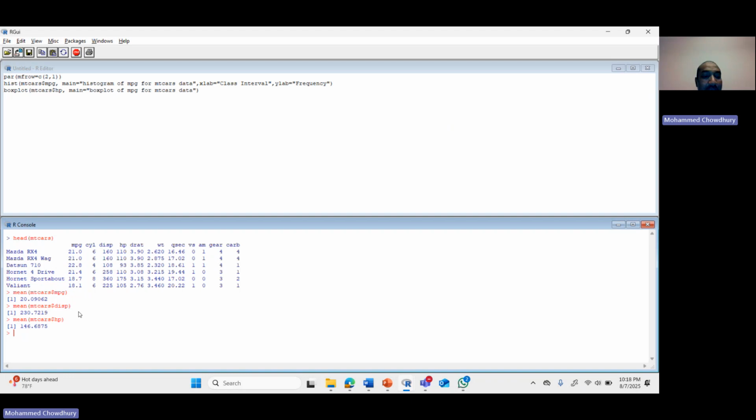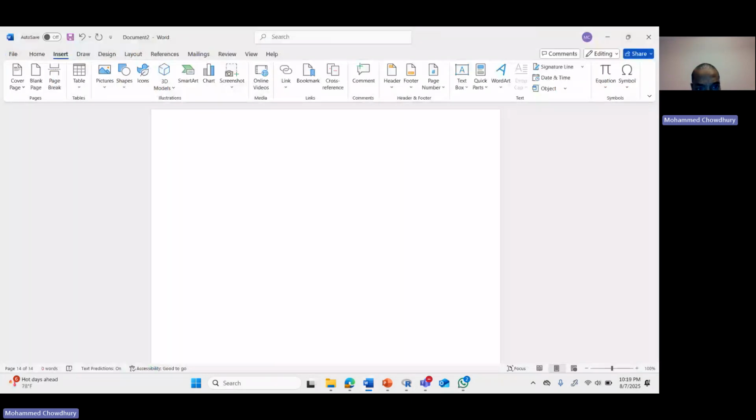This mean is known as the arithmetic mean. Now the next question is, suppose I have been given data in this format. Let me open a blank Word file. If these are the data points 2, 5, 9, 6, 7, 10, how can I find the mean?